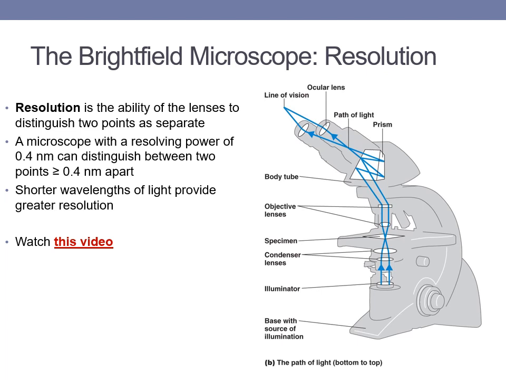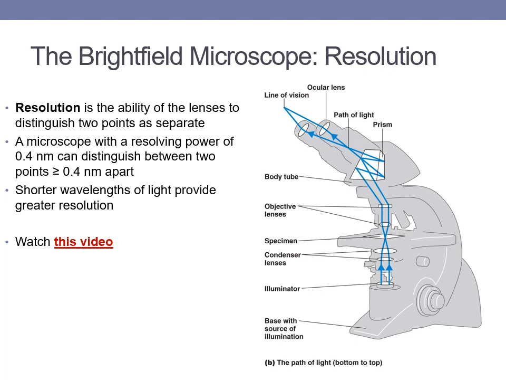When an image is magnified, it is enlarged, but we also want to consider resolution of the microscope because we want a clear image. Every microscope has a designated resolution, which is the ability to distinguish 2 points as separate individual points.